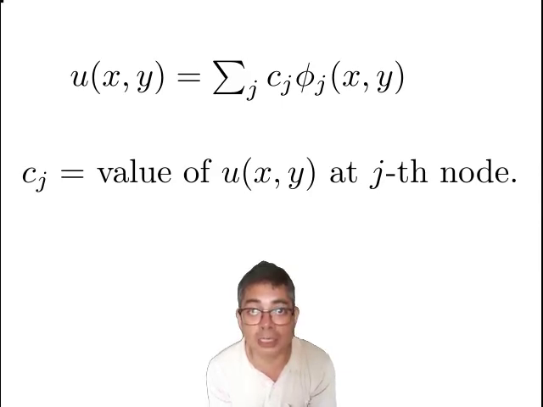So finding u(x,y) now boils down to finding the finitely many numbers c_j. Once you know the c_j's, you get an approximation of u(x,y) as summation c_j phi_j(x,y).